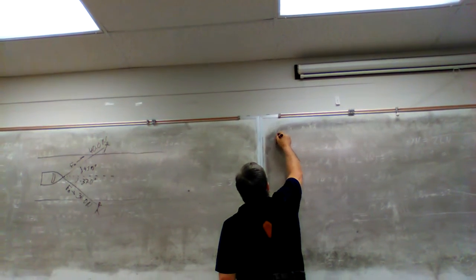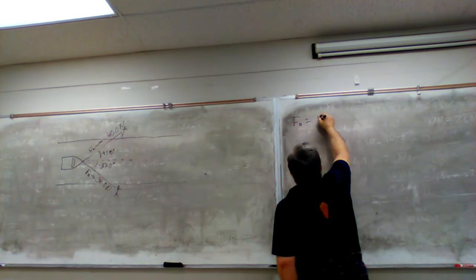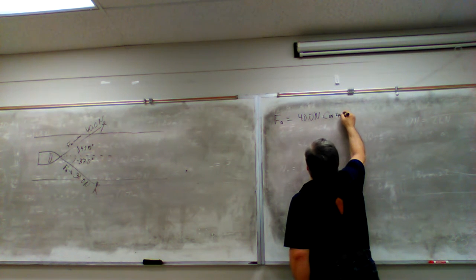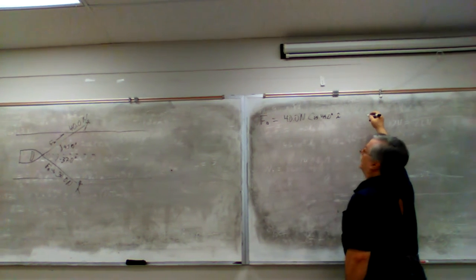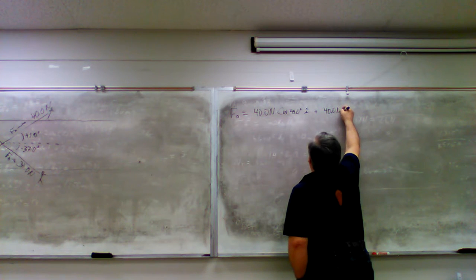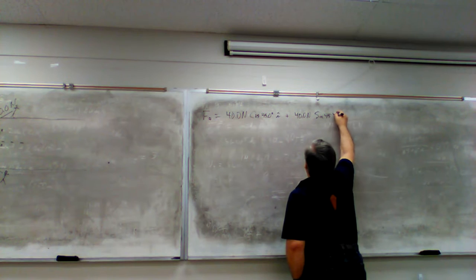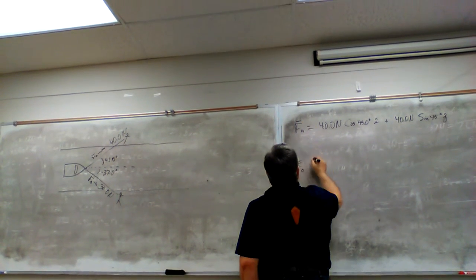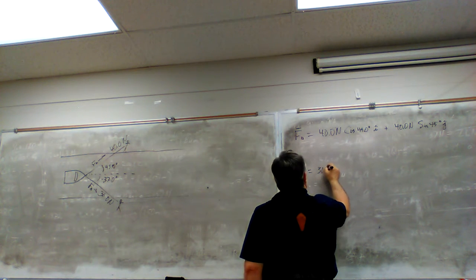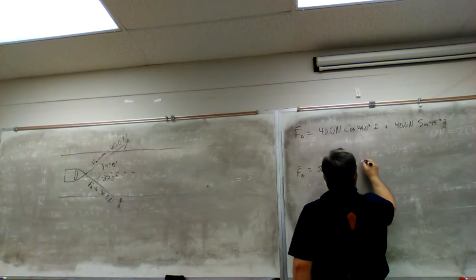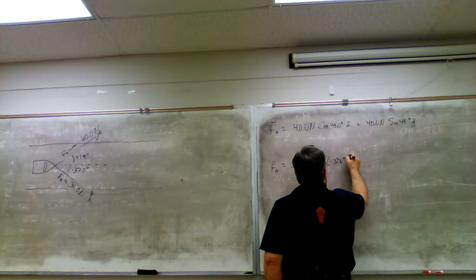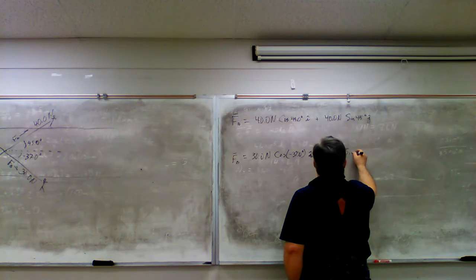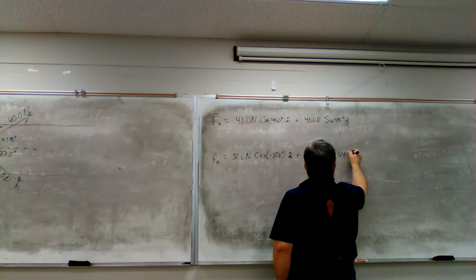So, force A is equal to 40.0 newtons times the cosine of 45.0 degrees I plus 40.0 newtons times the sine of 45 degrees J. Force sub B is equal to 30.0 newtons times the cosine of minus 37 degrees I plus 30.0 newtons times the sine of minus 37.0 degrees J.